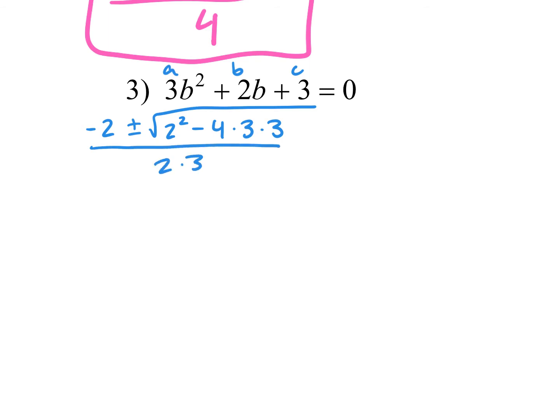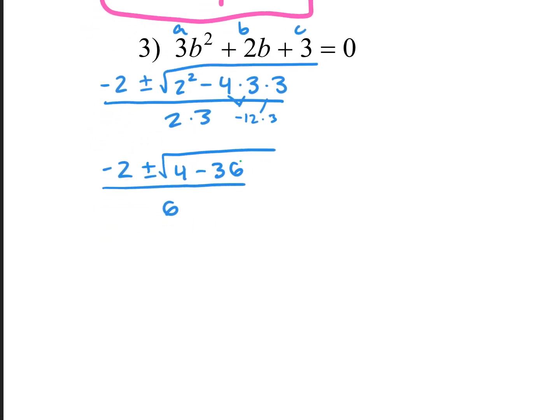So simplify. We have -2 plus or minus, what's 2 squared? 4. And then what is -4 times 3? And -12 times 3? -36. Over 2 times 3? 6.